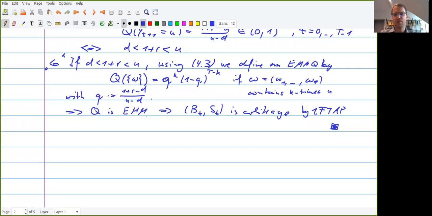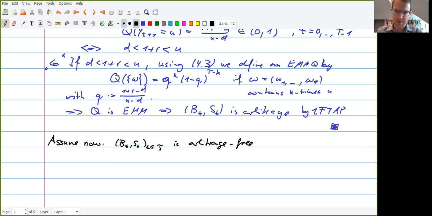So let us now come to the pricing and hedging problem. So what we need to do to make sense of pricing: we assume now that our binomial model is arbitrage free, right?